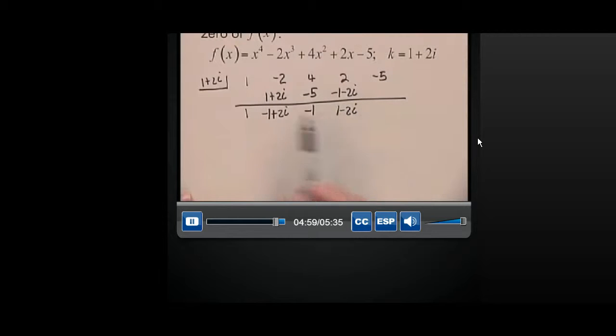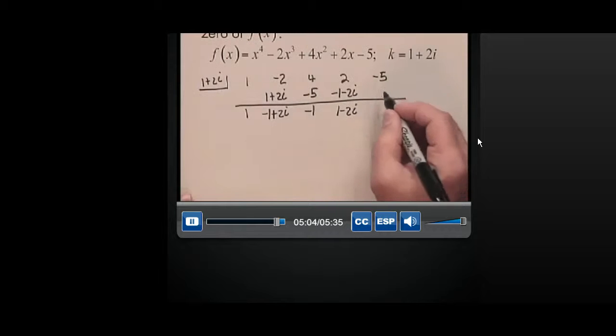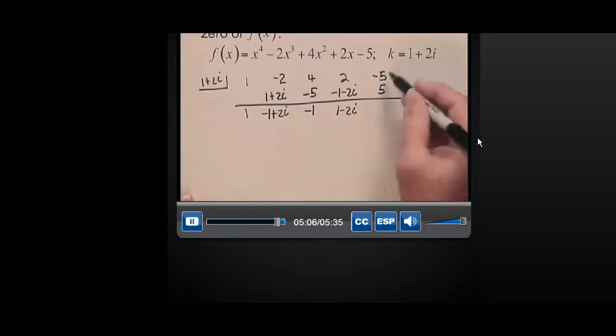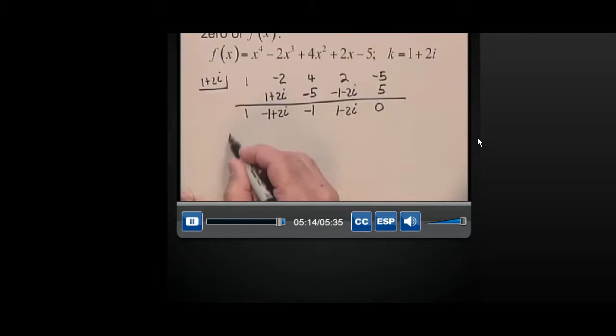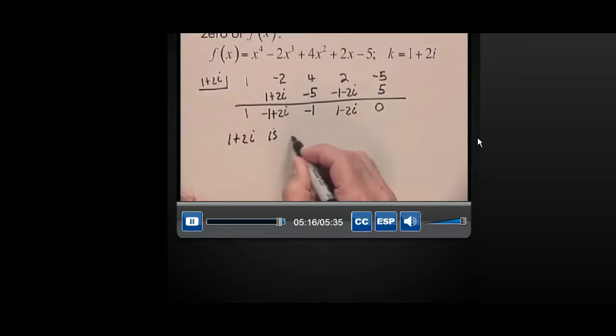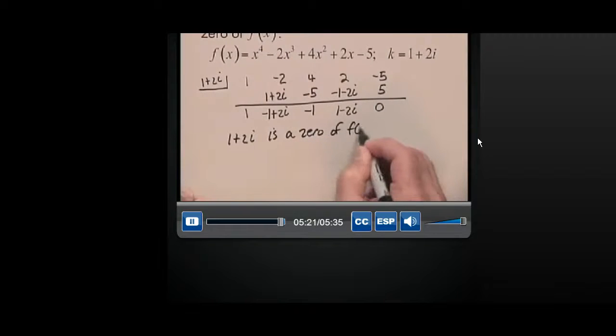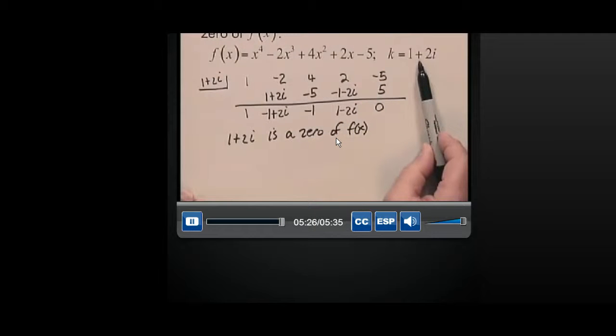We now multiply 1 minus 2i times 1 plus 2i, and this time the result is the real number 5. Negative 5 plus 5 is 0. Since the remainder is 0, that tells us that 1 plus 2i is a zero of f of x. 1 plus 2i, of course, is not a real number. Therefore, it does not appear as an x-intercept on the graph of f of x.